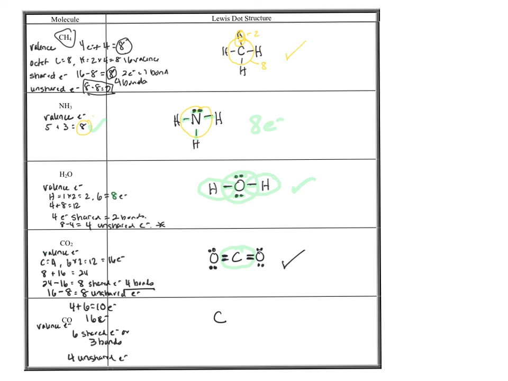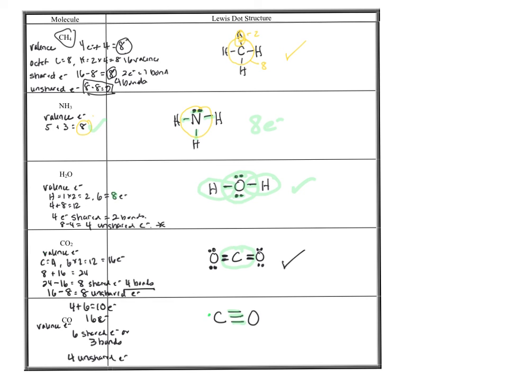So how would I draw this? I've got 2 elements, carbon and oxygen. It's got 3 bonds. That's the only thing I can do there. And if I look at this, I can see that each of these elements has 6 electrons, 2, 4, 6, but they don't have their octet. So that's where those unshared electrons would come in, and I would have 4 of them.